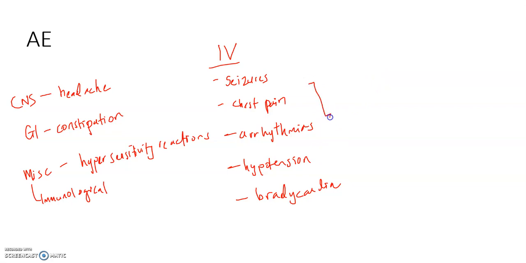All of these, apart from seizures, are cardiovascular adverse effects, while seizures are CNS. So seizures or fits or convulsions, and then we have chest pain, low blood pressure, low heart rate, and also abnormal rhythm of the heart, arrhythmias.